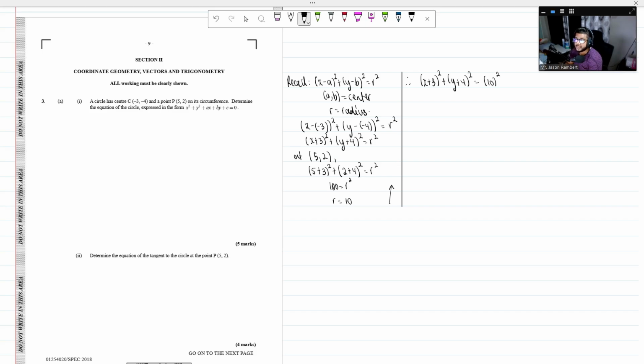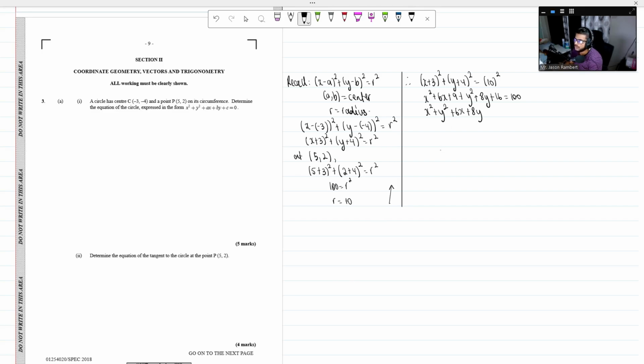Now I could go ahead and expand it out. X squared plus 6x plus 9 plus y squared plus 8y plus 16 is equal to 100. X squared plus y squared has to go first, then the ax, then the by: plus 6x plus 8y. Then the constant: 9 plus 16, which is 25.